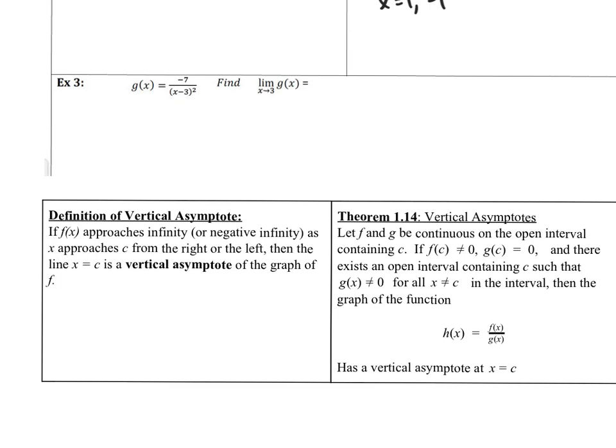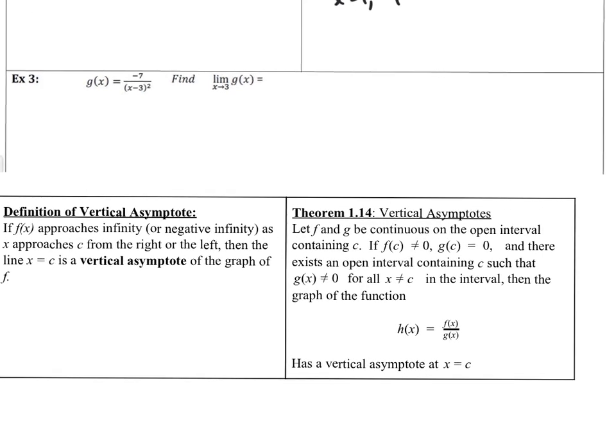And then there's the theorem that goes along with it, which basically says that if there are two continuous functions in an open interval containing some c value, and basically f of c doesn't equal 0, but g of c does, then there is a vertical asymptote at x equals c.